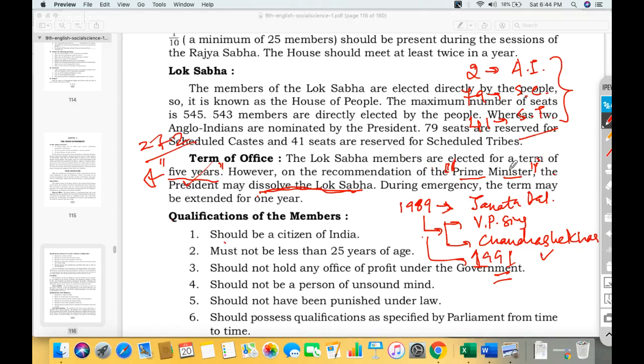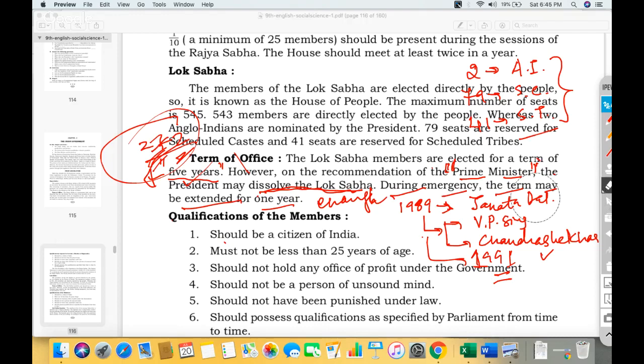If he is unable to prove it, the government falls, and the Prime Minister will recommend to the President that he doesn't have enough support, and enough support means 272 members. Remember this. This is a very important number in Indian politics. 272. So he will have to tell the President of India that he does not have enough support in Lok Sabha. So that's why the Lok Sabha has to be dissolved. During emergency, this is very, very important, the term may be extended for 1 year.